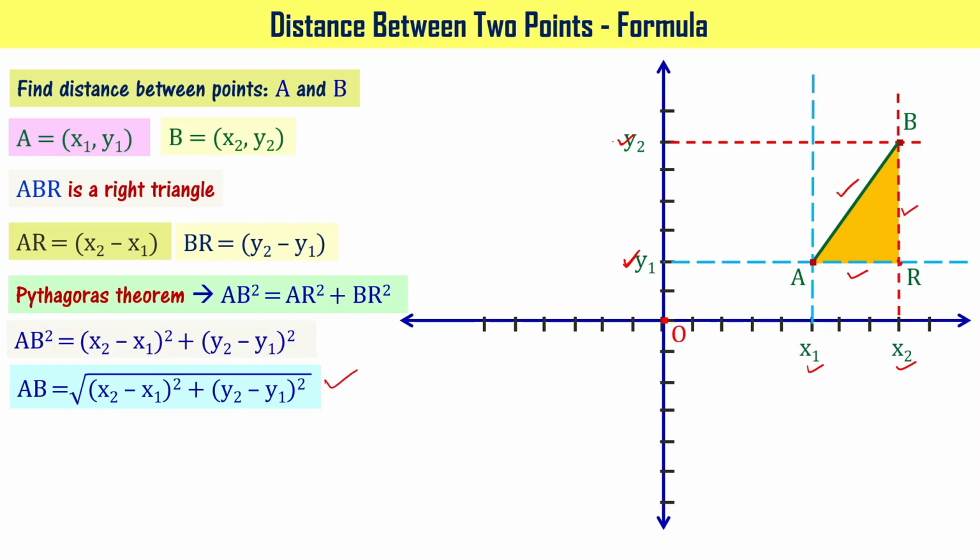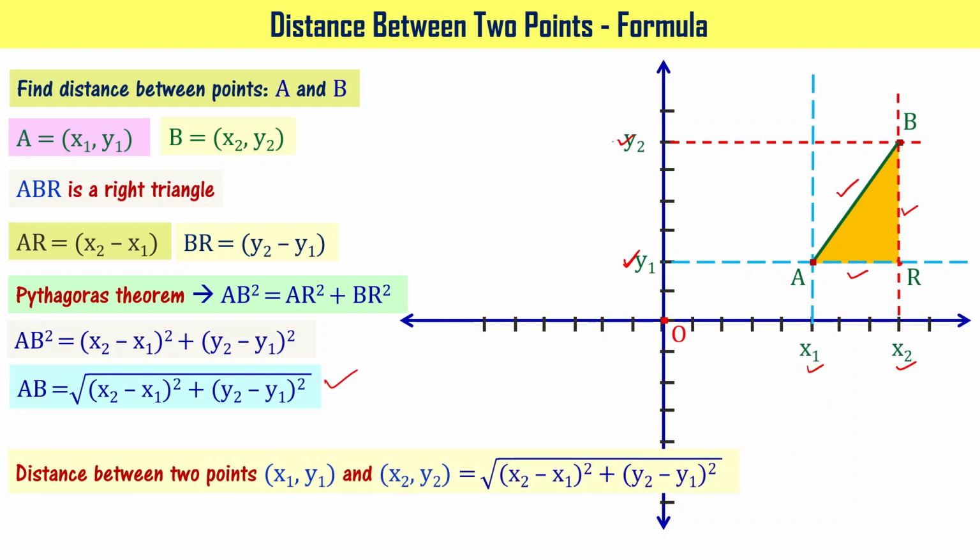Please note this formula. So now I can say that the distance between 2 points x1 comma y1 and x2 comma y2 is equal to the square root of x2 minus x1 whole square plus y2 minus y1 whole square. Whether you write it as x1 minus x2 or x2 minus x1, it doesn't make any difference because we are taking the square of it.